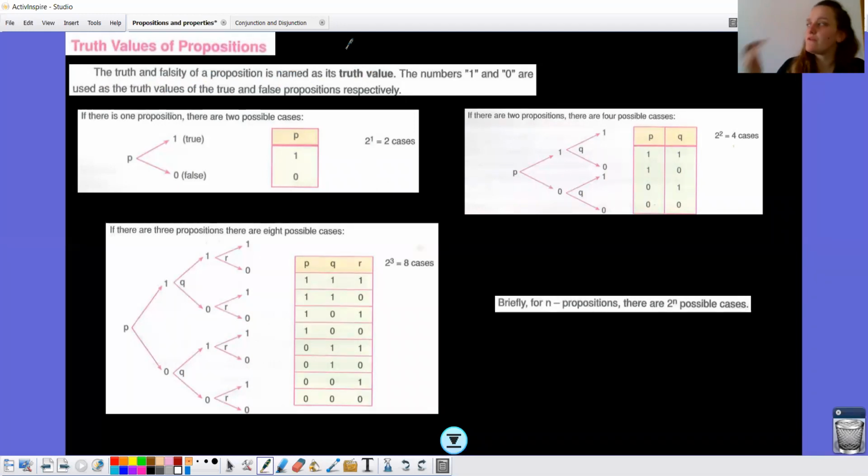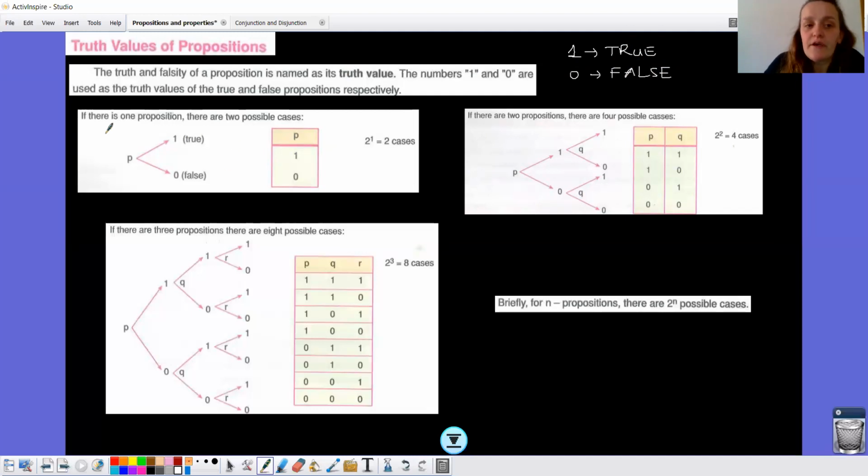If it is true or false, that is its truth value, okay? We will show the truth values with 1 and 0. 1 is for true, 0 is for false, okay?